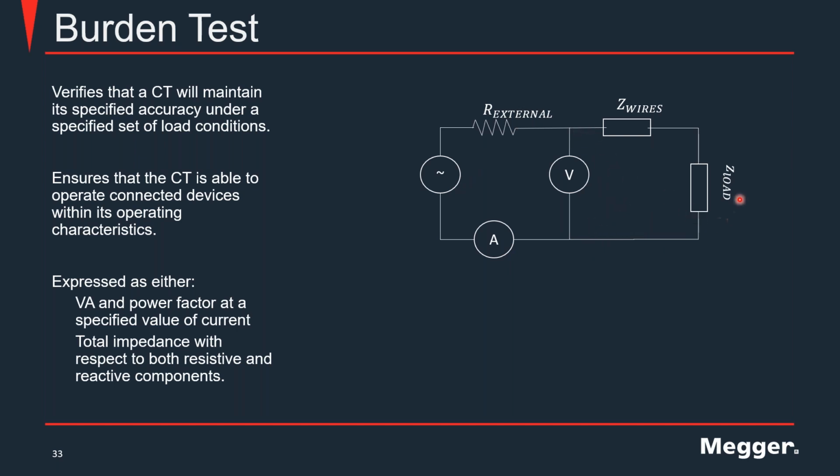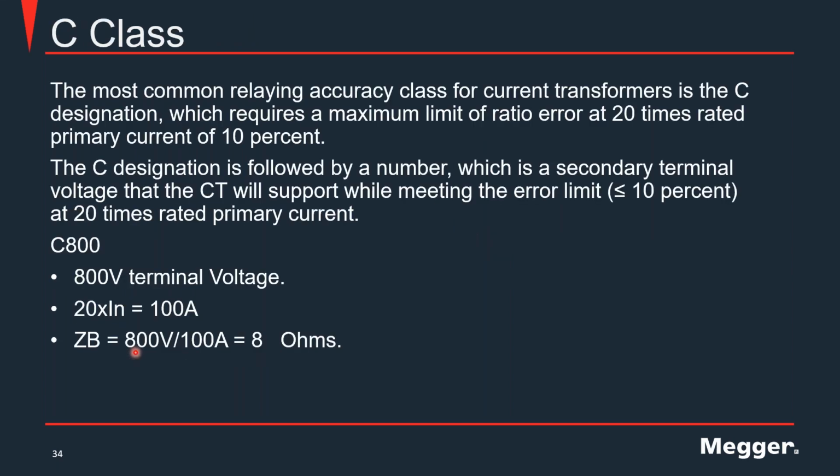Now, that load is made of all the relays and meters, etc., plus the wires that bring that connection from the CT into those meters and relays. The burden is expressed as either VA and power factor, or the total impedance with respect to both resistive and reactive components.